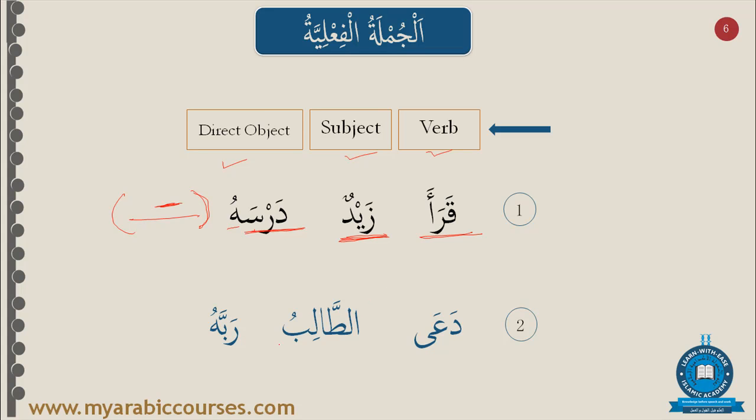It means the student called or asked his Lord. So Rabba here also has the case fatha, because the case that the direct object used to have in Arabic grammar is always fatha and its sister. So that is good.